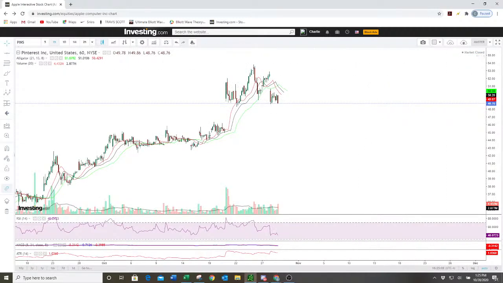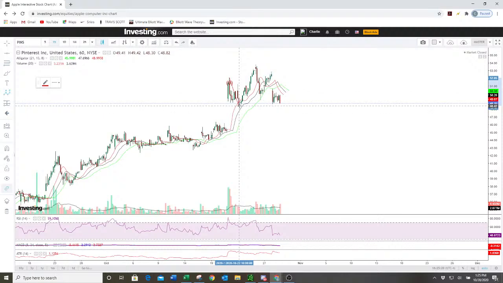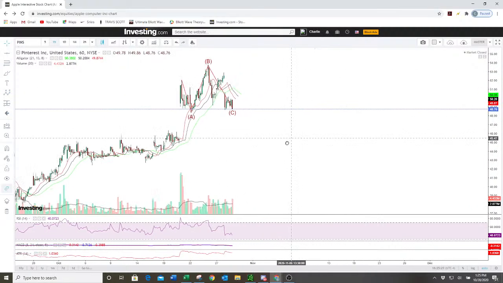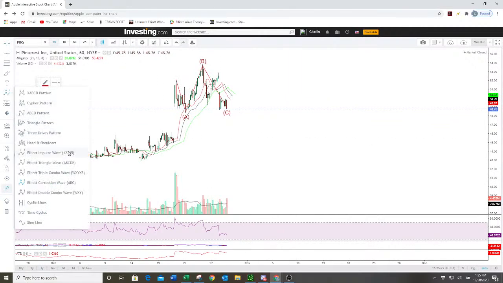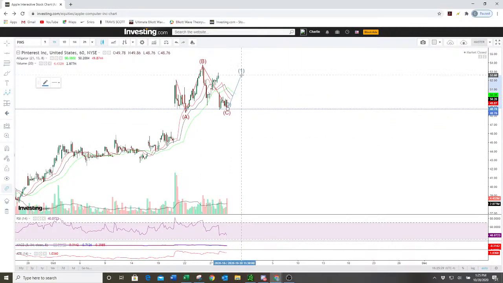Other than what you can see is that it looked like it corrected already this move. So I can see here, if we kind of chart this, the setup was there, right? This was your A wave here, this was your B wave, and this was your C wave. So naturally what was going to happen was a 5-wave impulse up. 1, 2, 3, 4, and then 5 up.